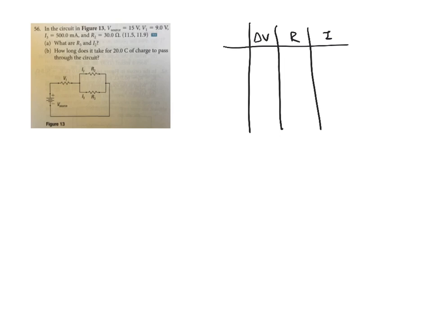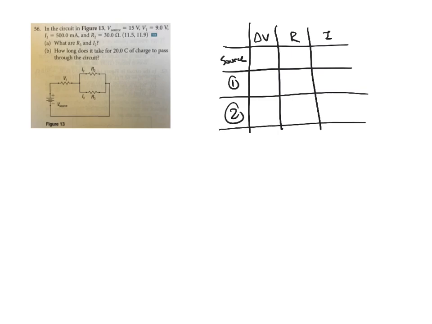So I have my source, and I've got 3 loads here. So 1, 2, 3. Okay, I'm going to fill out what they tell me. They tell me the voltage of the source is 15 volts. They tell me voltage 1 is 9 volts, which I'm making negative 9 volts.